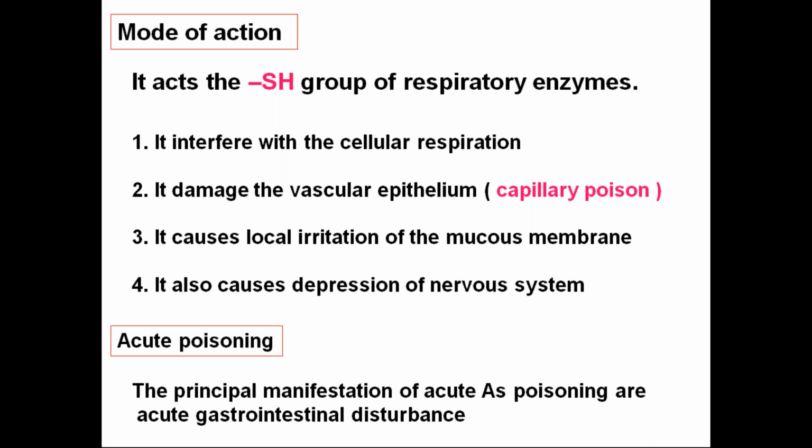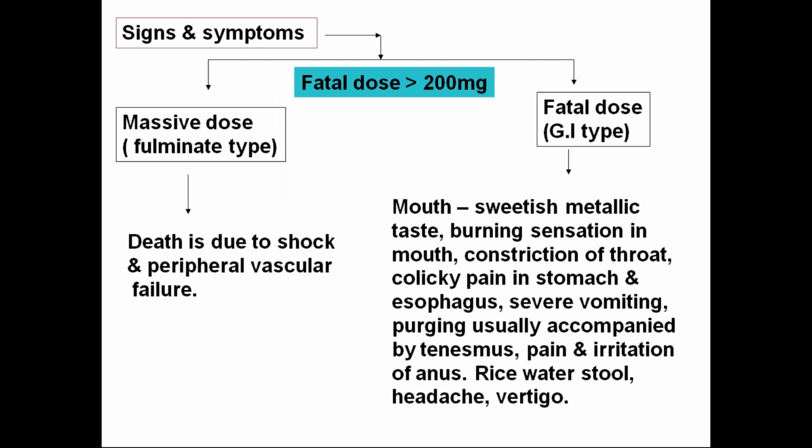So this is the normal mode of action of arsenic on the body. In acute poisoning, the principal manifestations are mostly GI symptoms. I told you arsenic poisoning is an ideal homicidal poisoning because it mimics cholera. So what are the signs and symptoms? We have a fatal dose of greater than 200 milligrams.